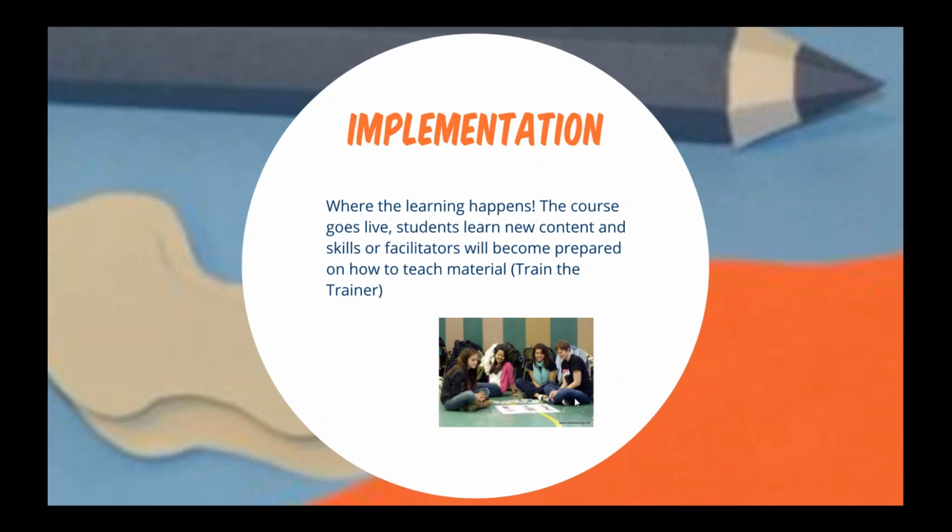We would train people who would then train other people, like a domino effect. But for the purposes of our organization and for the affiliates, it's when students get the live course and begin going through all of the modules and all of the content.